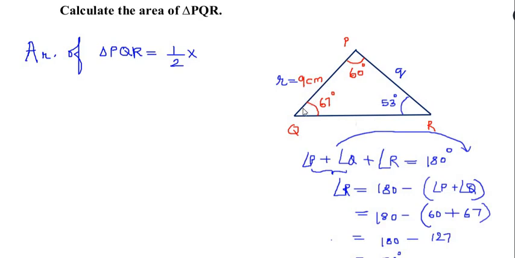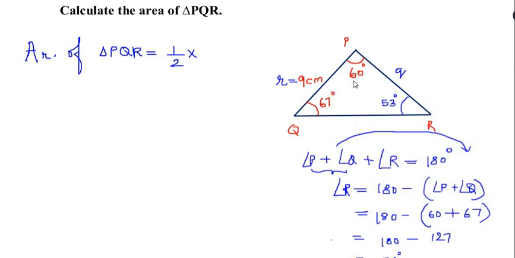You can see there is 9 centimeter, but this side is not given, and here 9 centimeter, and again this side is not given. So we cannot use the second condition as well, which says that two sides and the angle between them need to be mentioned. So we have to shift our focus to the sine rule.